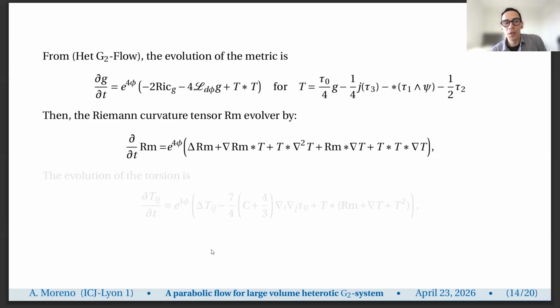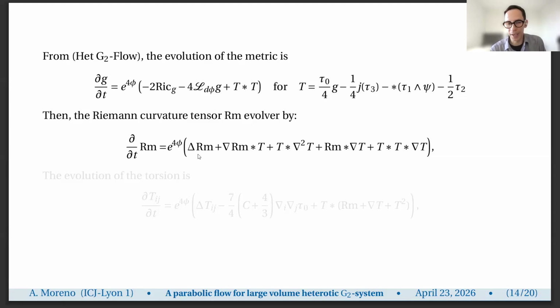Because the metric is evolving by Ricci plus this gauge term plus lower order terms, which I describe as T star T, which is basically some kind of contraction of your torsion forms in order to get a symmetric tensor. So what you find is that the evolution of the Riemann tensor is going to be quite similar to the evolution of the Riemann tensor in the Ricci flow up to lower order terms.